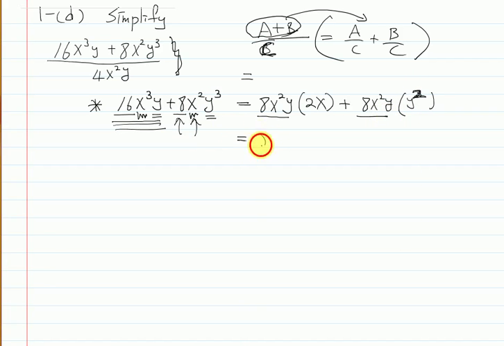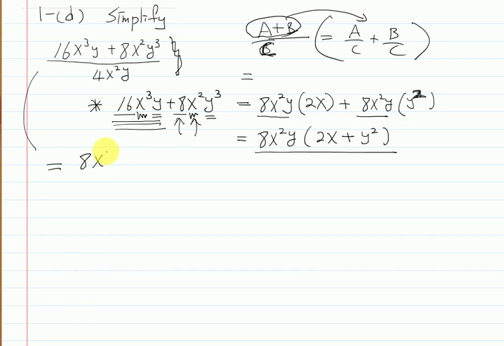So if you factor that out, the remaining portion from those two terms looks like 2x plus y squared. So this is really a nice factorization of the numerator. Okay, we finished the numerator part. So let's rewrite the entire expression.